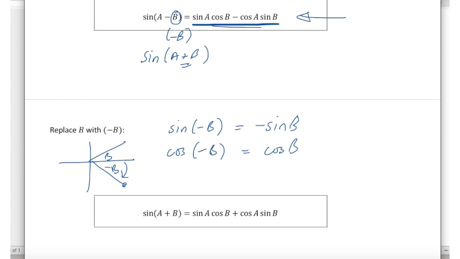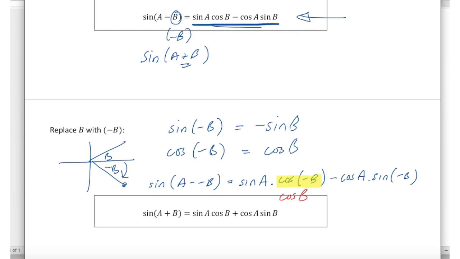So if we could reconsider this, we would have sine of A take negative B would be the sine of A times the cos of negative B take the cos of A times the sine of negative B. But we know that cos negative B is just cos of B, and we know that sine negative B is the negative sine of B, so that's going to change this sign to a positive.